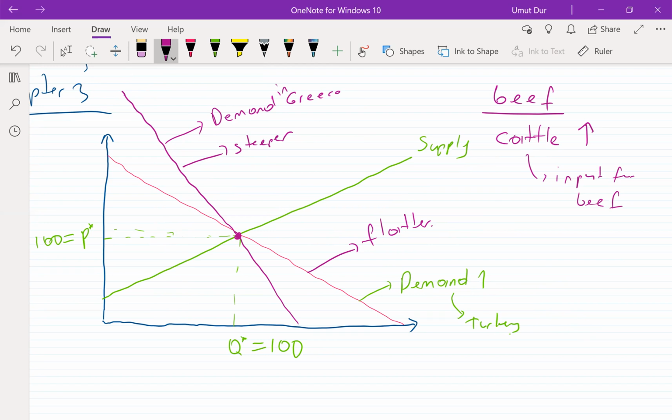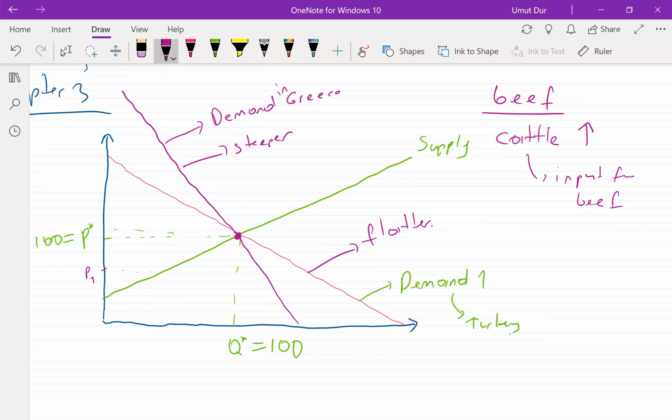Let's think about this price level. Let's say this is price one. If producing some good becomes costly, for the same price, would I produce more or less?